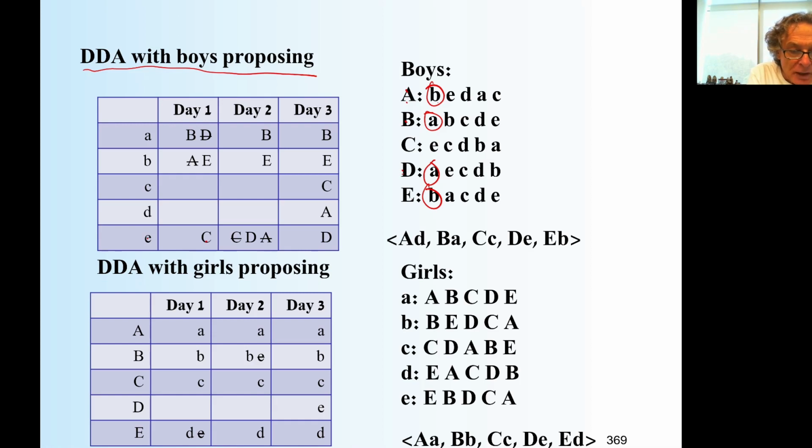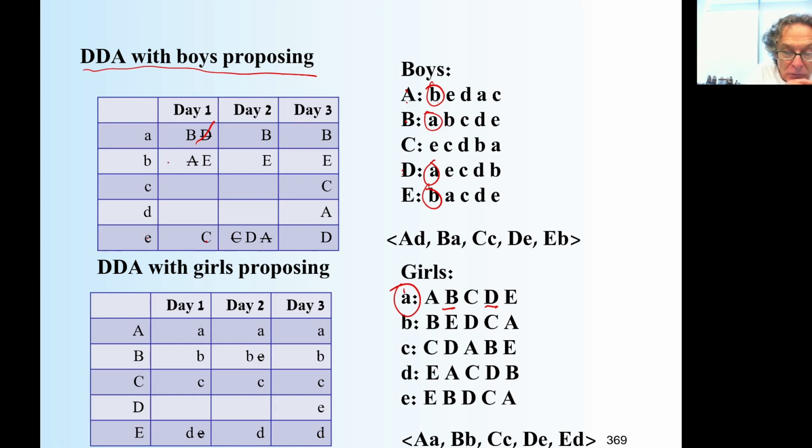Girl A now has 2 boys, B and D. As you can see, she prefers B over D, and she rejects D and tells B, you stay here. Maybe you will be my choice. If somebody better comes to me, then I'll kick you out.